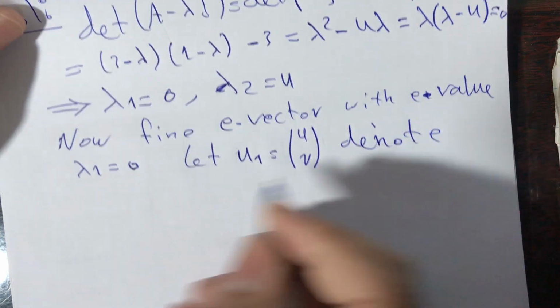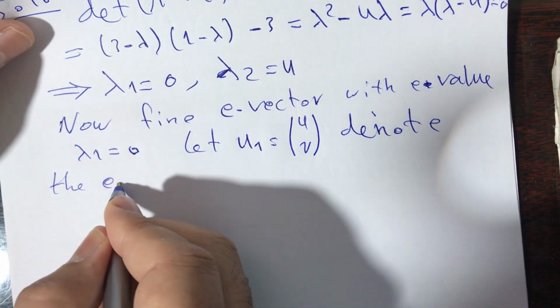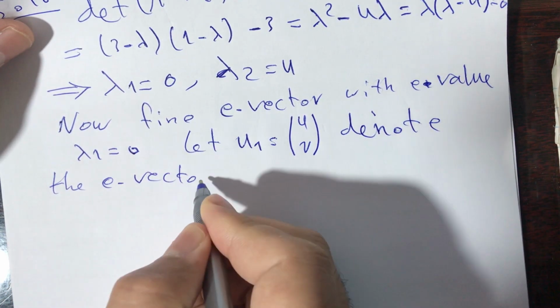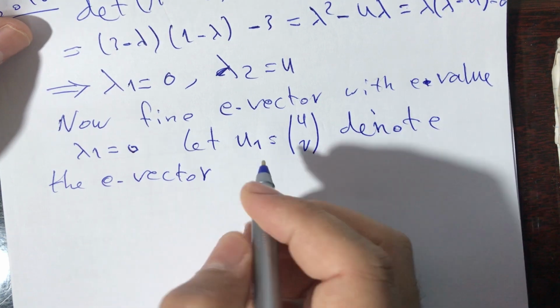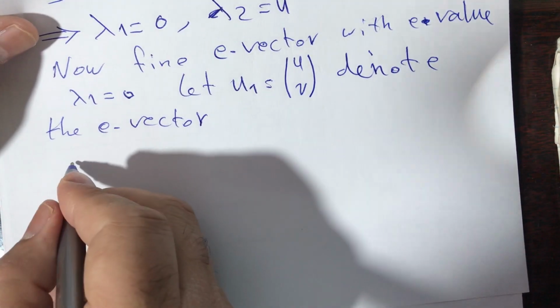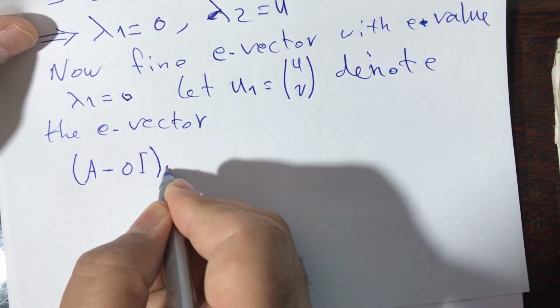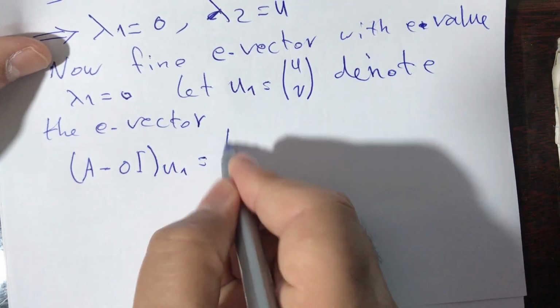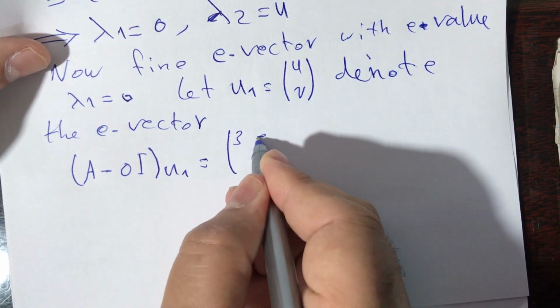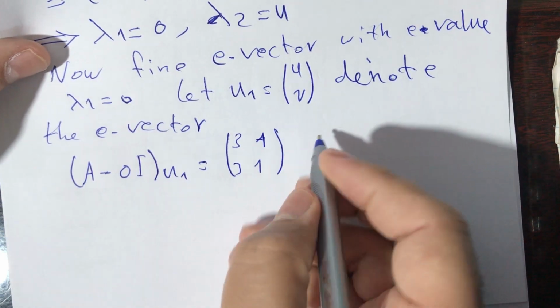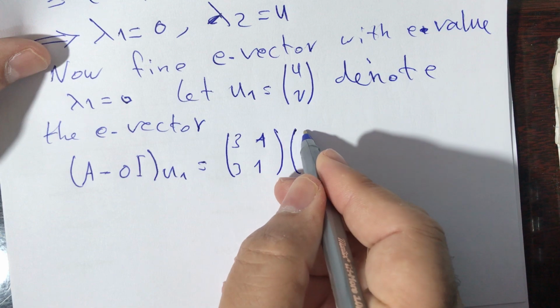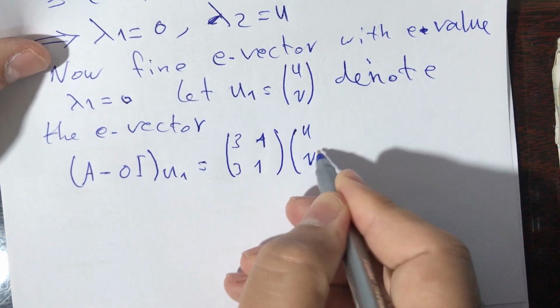Denote the eigenvector. So A minus 0 I times u1 is equal to 3 1, 3 1 times u, v.